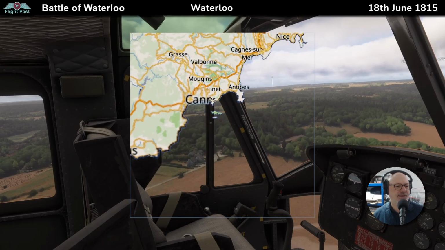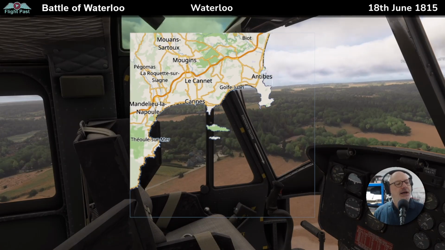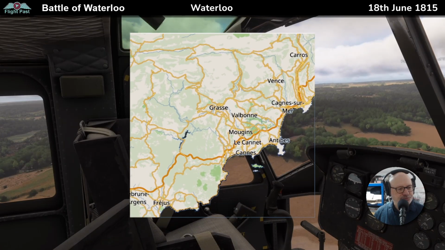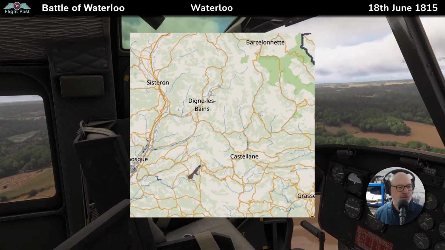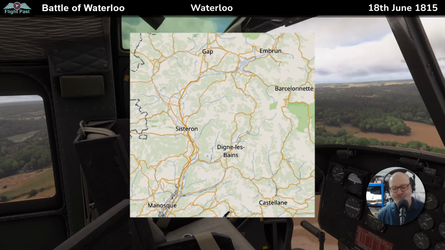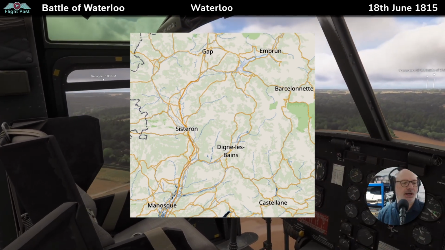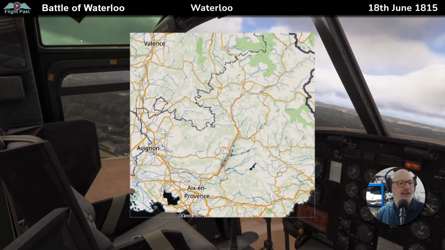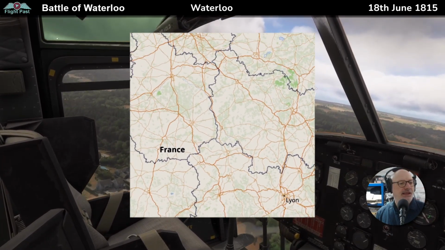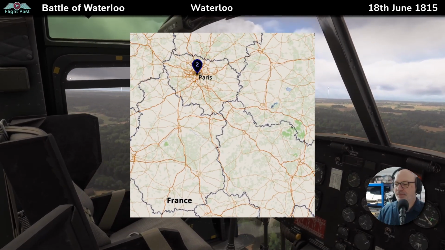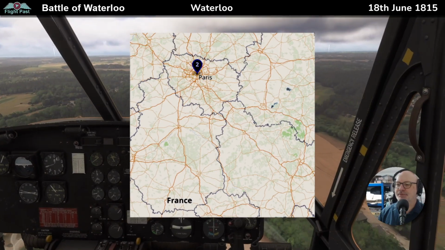He lands at this bay here called the Golfe-Juan, and he moves inland through Grasse into Digne and Sisteron, Gap, eventually to Grenoble, Lyon, and then up to Auxerre, and then into Paris via Fontainebleau, the Palace of Fontainebleau.